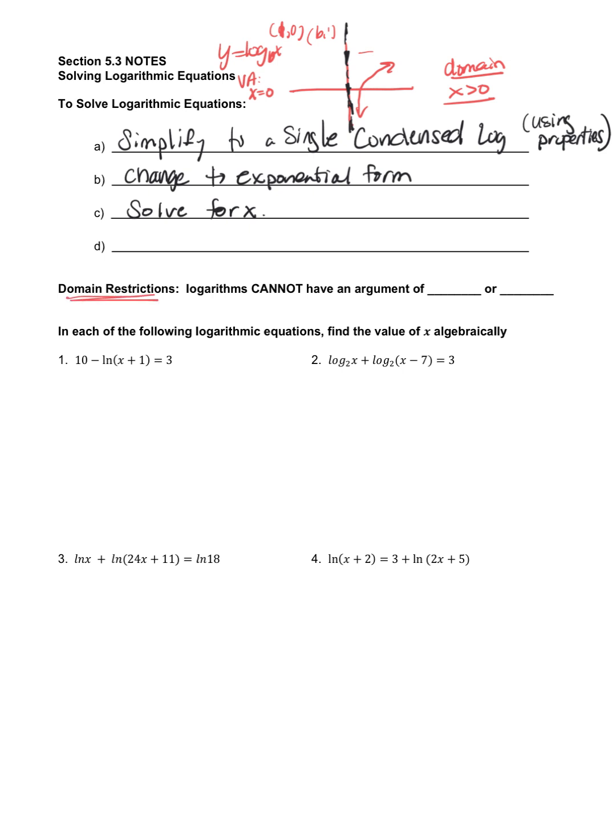It says domain restrictions. If you look at our graph, logs can't have an argument, and this is the argument part, of any negative numbers. Nothing over here is seen on the graph. We don't use that part. So no negative numbers or 0. It's because of this asymptote, you don't get to touch this 0 at all.